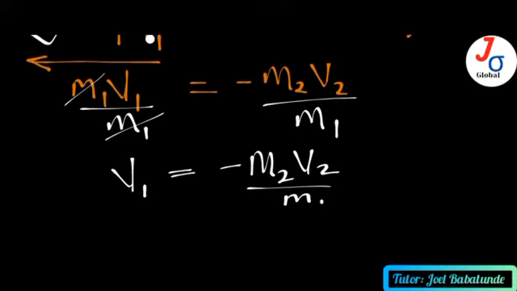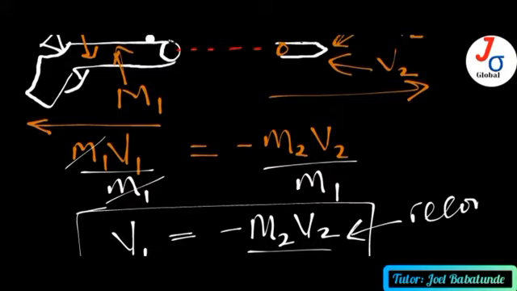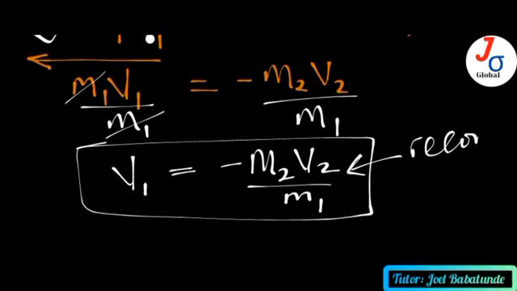This is the recoil of the gun. The negative here just shows that it's in the opposite direction.